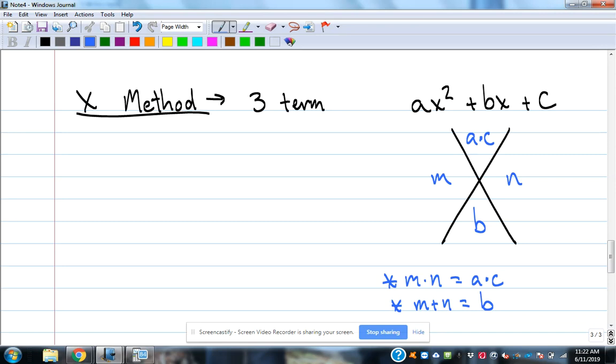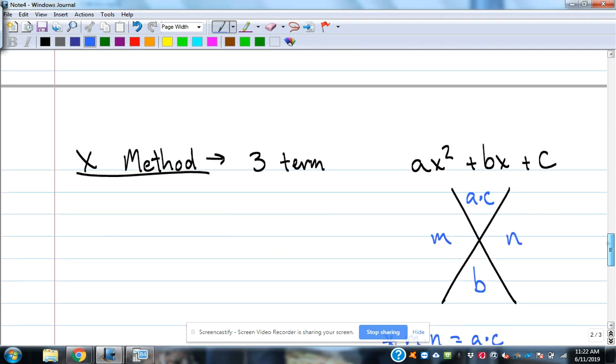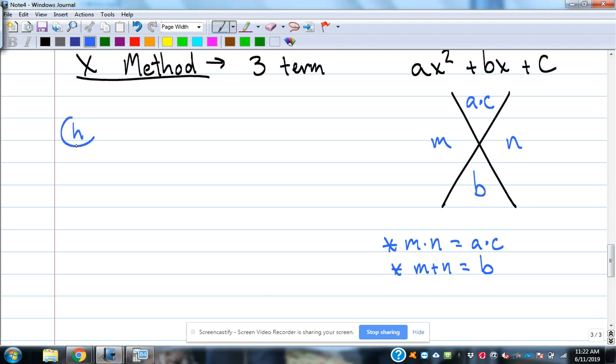So let's take an easy example to start off with. Okay? What letter are we on here? H. Let's say we had 2x squared. Let's do plus 9.